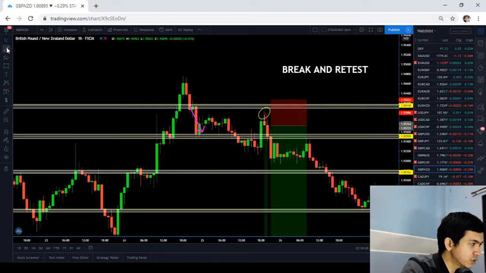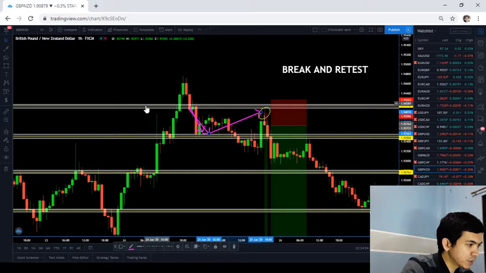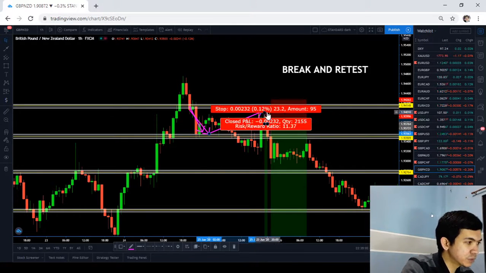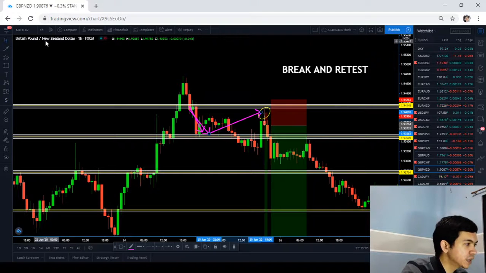So, again, this concept is all about break and retest. Okay? Previous level got broken. Wait for the retest of that. If it will hold or not, then look for opportunities through reading mga candlestick pattern. Okay?